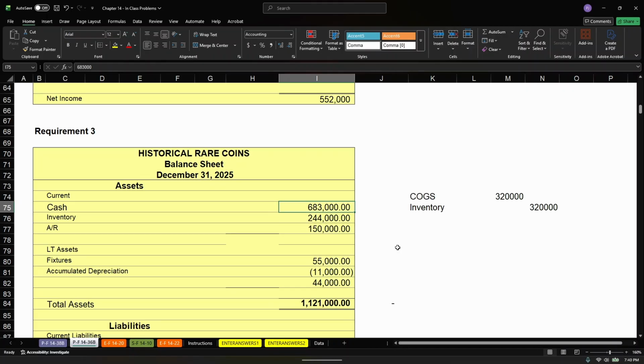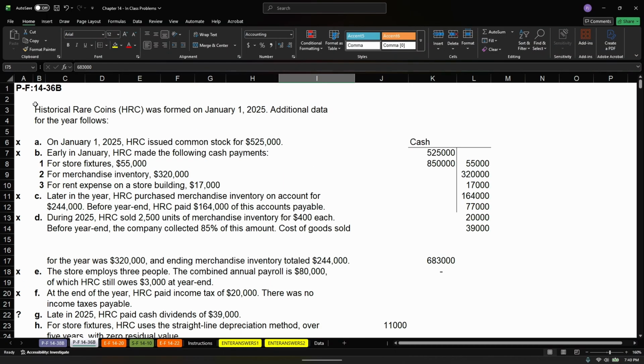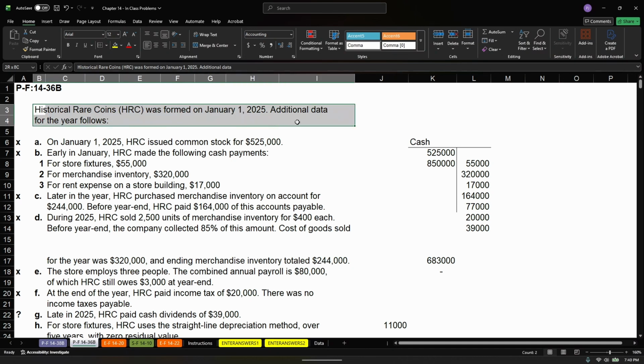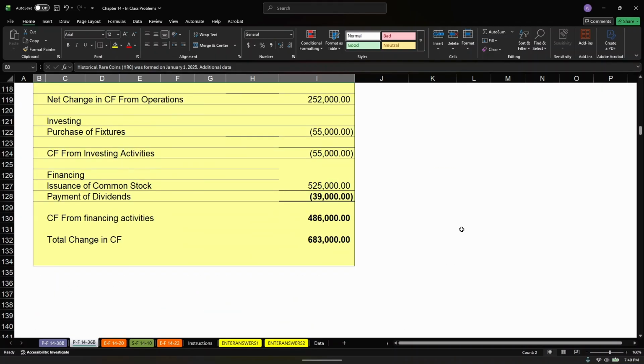So we went from zero to 683,000. In the next period, we're going to reconcile 683,000 to whatever the ending balance is. But in this case, since it's the first year of the business, which is stated here, Historical Rare Coins was formed on January 1st, 2025. That's how we knew that our starting balances were zero. This is why this chapter is really hard, because you have to tie together so many different things.